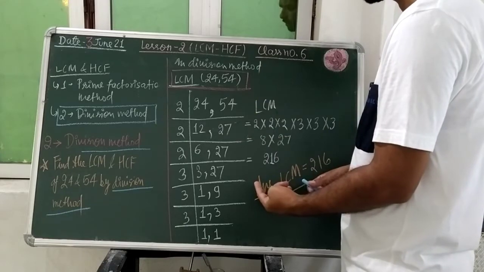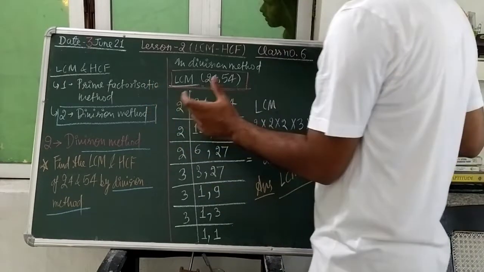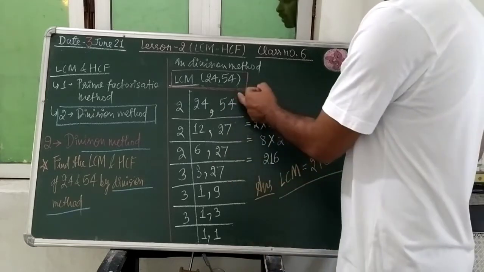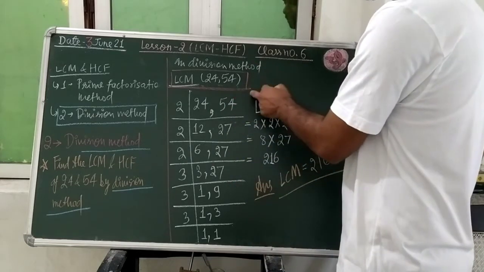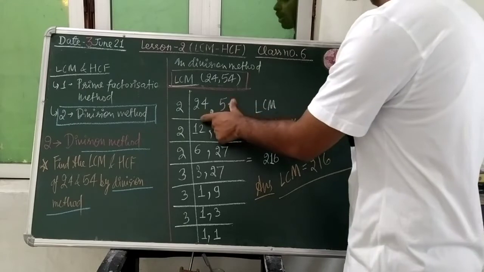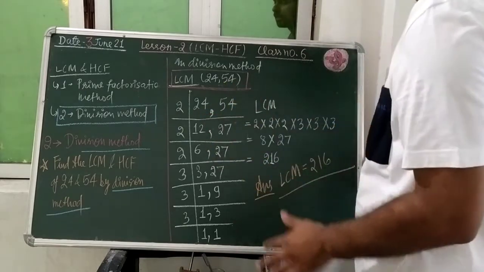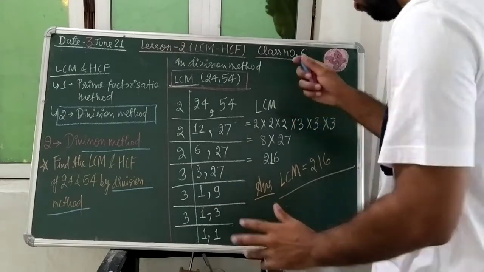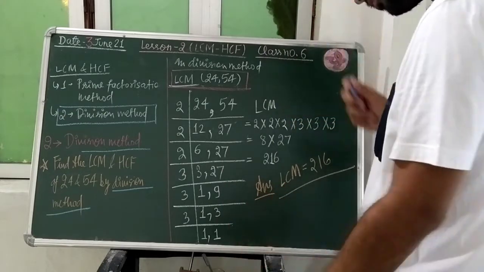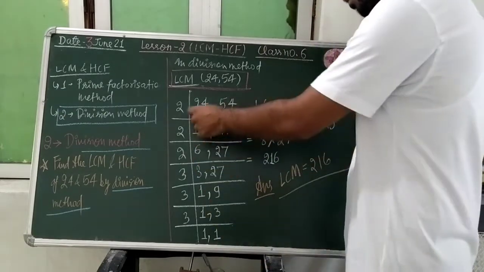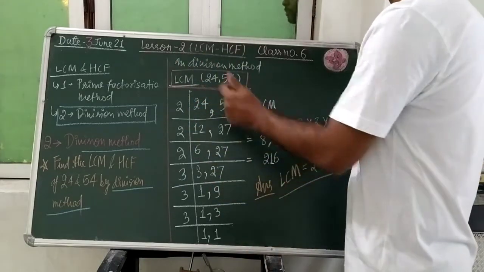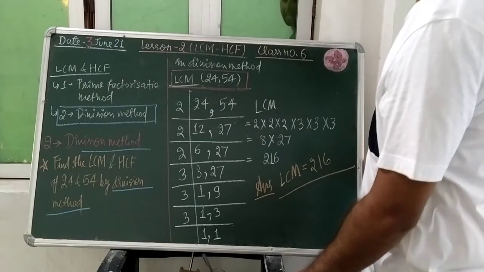In prime factorization you always select one number at a time. But in the division method for performing LCM, you will select all the numbers and apply the same rule which we used in the prime factorization method.